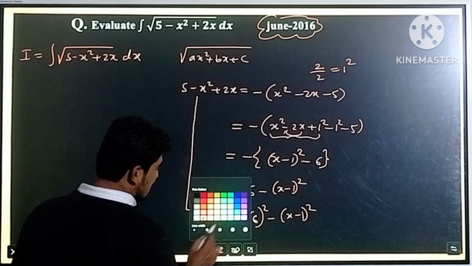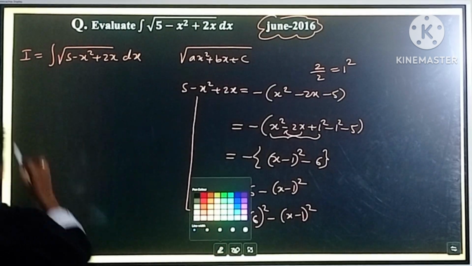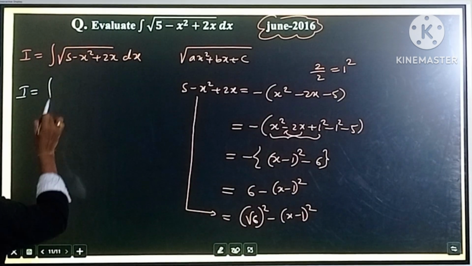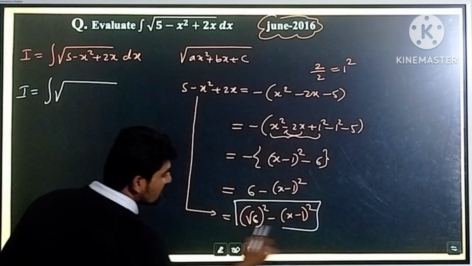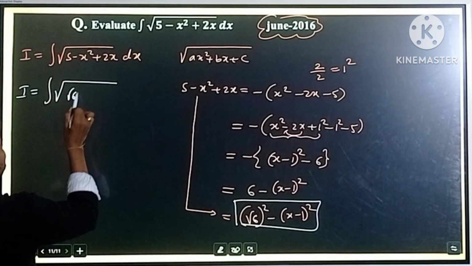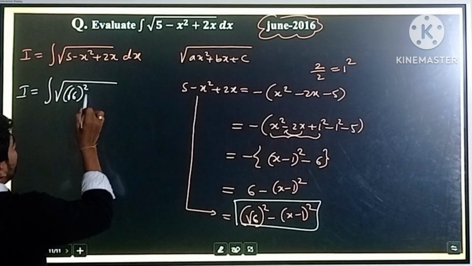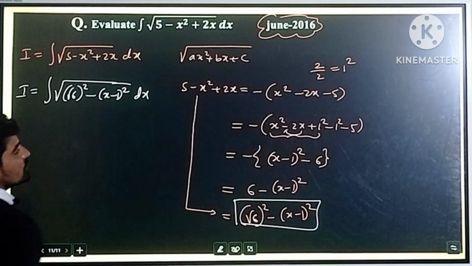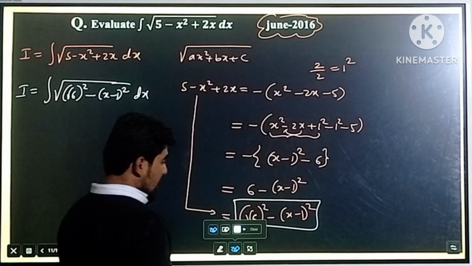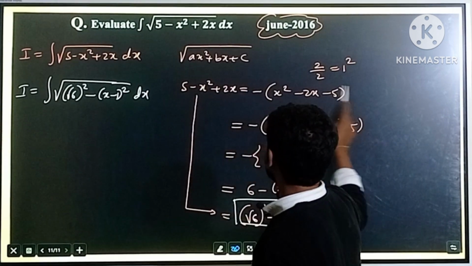Just replace this in the given integration problem. That is, I is equal to the integration of the square root of 5 minus x square plus 2x, which is equal to root of (root 6) whole square minus (x minus 1) whole square with respect to x. Just observe the integration problem here.